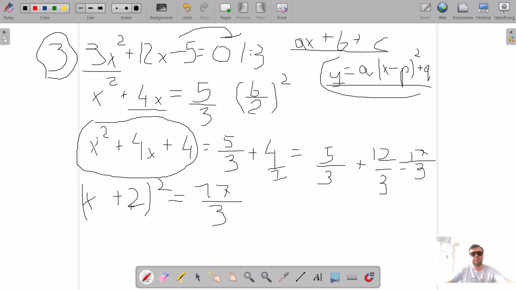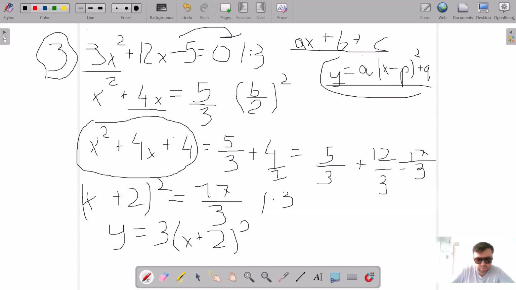So in order to do this, you need to multiply both sides by 3 and subtract, because you will write y equals 3 times x plus 2 squared minus 17.